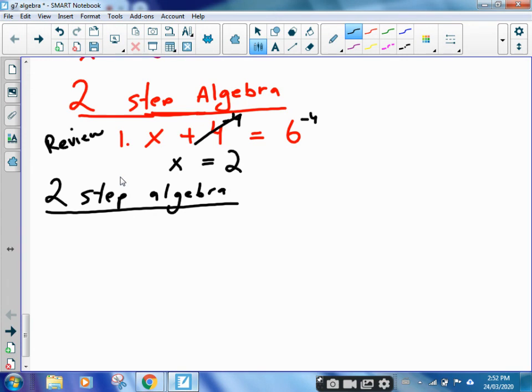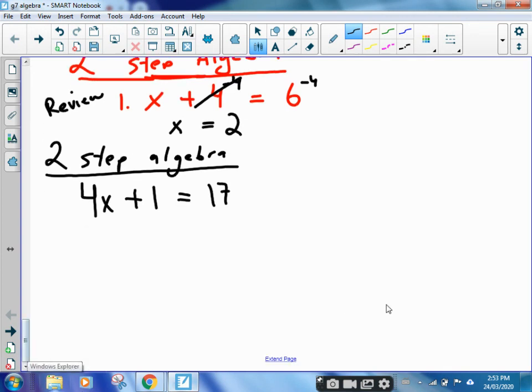So two-step algebra, the type of problem that you're going to see would be something like this: 4x plus 1 equals 17. Now I've chosen some nice easy numbers for us to get started with. So you're going to have to solve this problem.